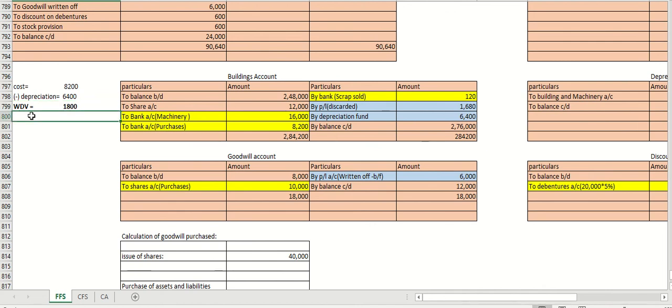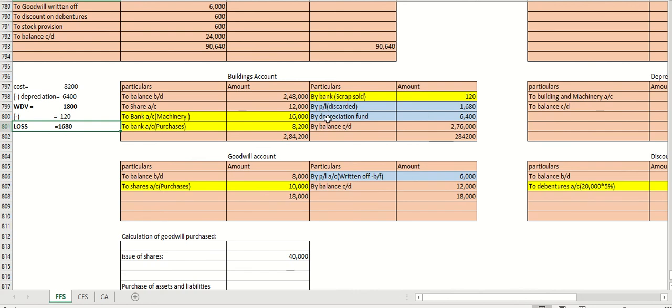Now we are selling this machinery at rupees 120. So 1,800 minus 120, we get the balance to be 1,680. This is nothing but the loss. Why is it a loss? Because your written down value is more than the sales value. So this 1,680 will be written as by profit and loss account.